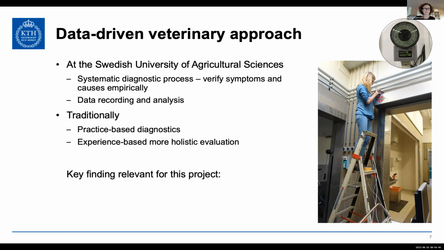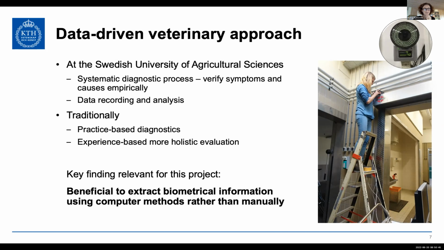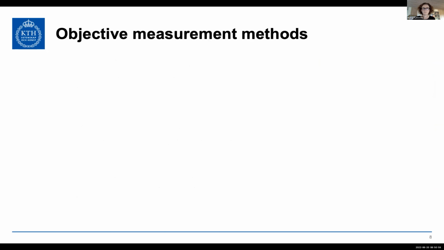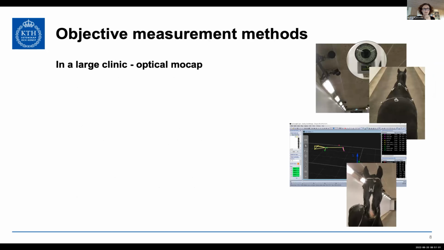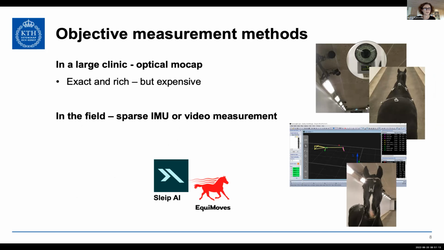So the key finding relevant for the first collaboration I would talk about is that it's good to measure biometrical information objectively using computers rather than manually. In a large clinic like the one of my colleagues, you have the resources and space for an optical mocap system, and this is really good, but it's of course expensive.